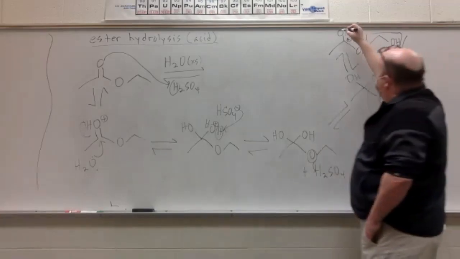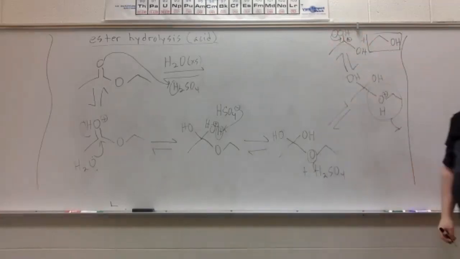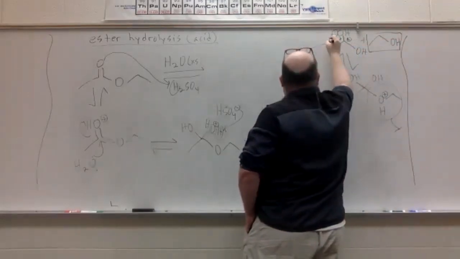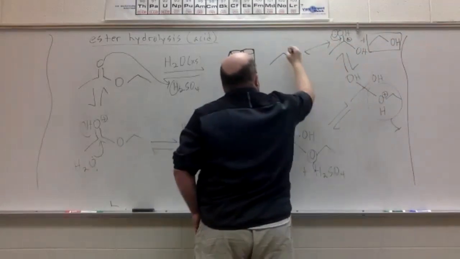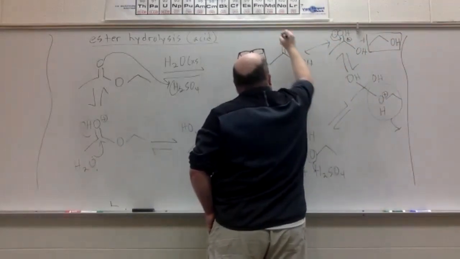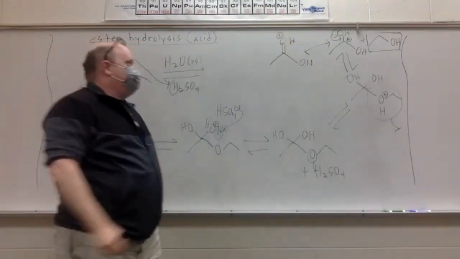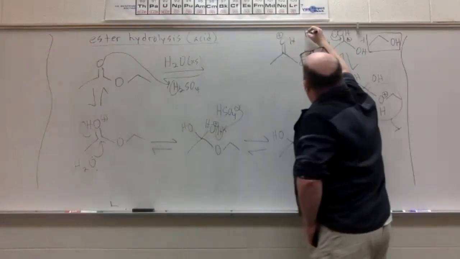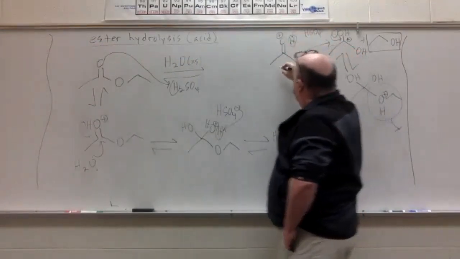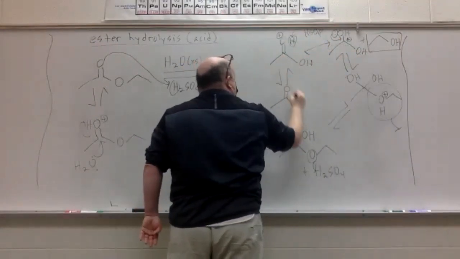Carbocation here. We can draw a resonance form, when a pair of electrons swoop down from oxygen. And then the last thing we have to do is deprotonate this with HSO4 minus. And boom, we have our carboxylic acid.